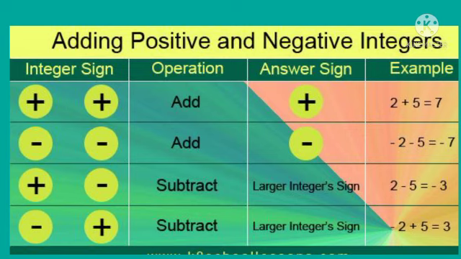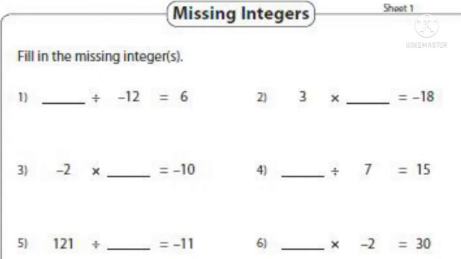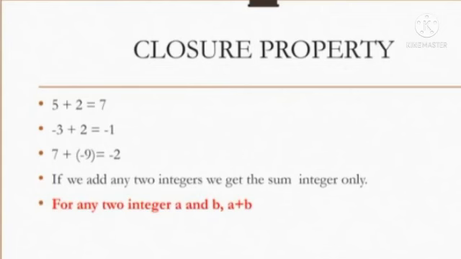Operation is subtract. Answer sign is the larger integer's sign. Now example, minus 2 plus 5 is equal to plus 3, get a positive number. All of you students do this homework.